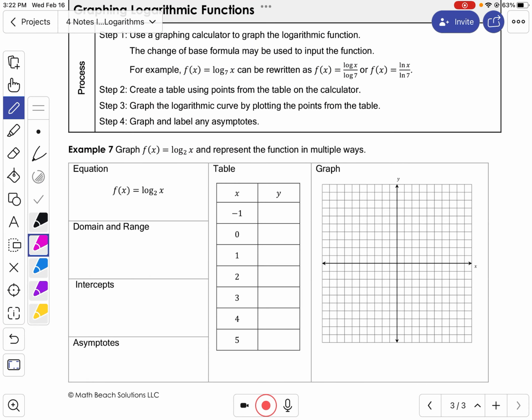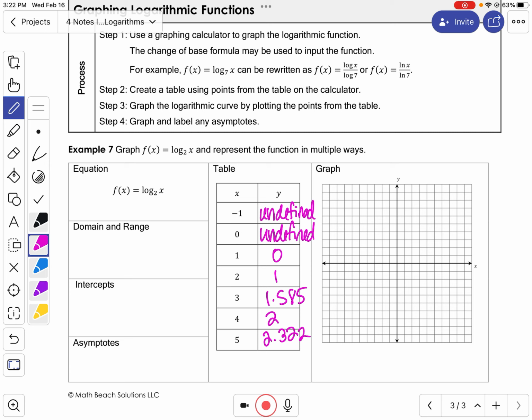When you plug in a -1, notice it says error, which means undefined. 0 is also error, so undefined, which means it won't be crossing that. 1 is 0. 2 is 1. 3 is 1.585. 4 is 2, and 5 is 2.32, we'll round to 2.3.